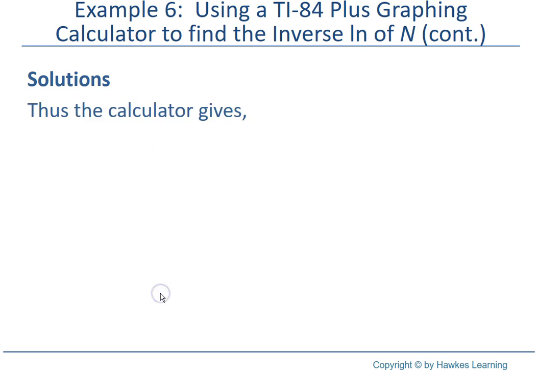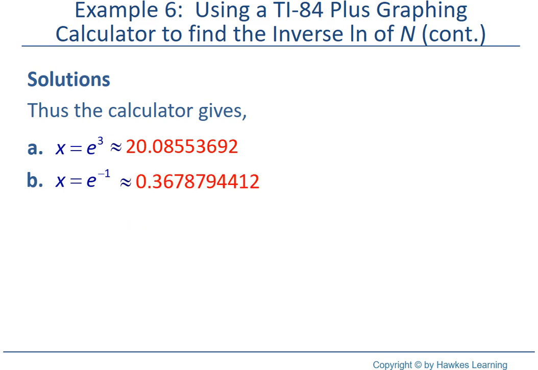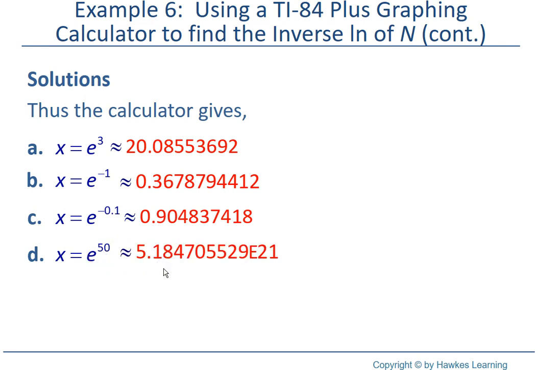So as we check these out, you get this. Here. Notice negative exponents indicate smaller numbers. Now, notice this is e to the 50th power. Wow, that's going to be a big number.